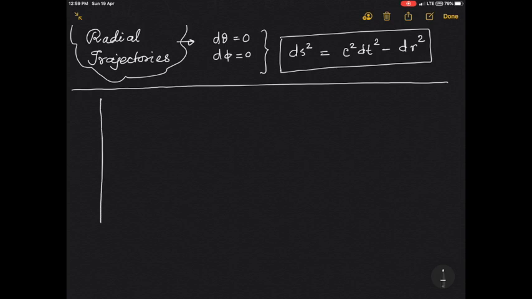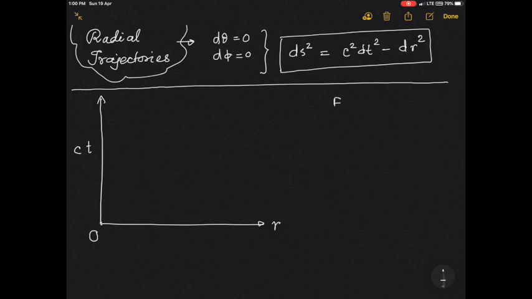Well, we chose to draw the x-axis as the spatial coordinate, in this case r, and the y-axis as the time coordinate, obviously c times the time coordinate, so c dt. That is where everything in the universe happens. All radial trajectories in the universe will happen in this diagram.